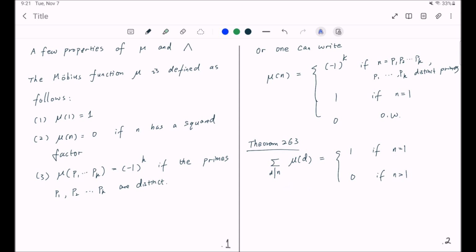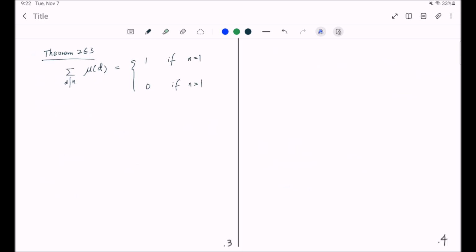Now let's prove this. The proof is done by using the prime decomposition together with the binomial formula.